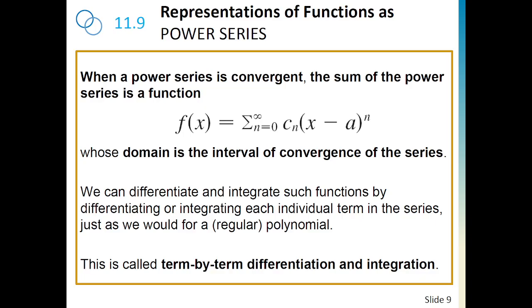And we will get another power series as a result. Now, the radius of convergence will be the same. The interval is practically the same. The only difference is sometimes one or both of the endpoints might belong to the interval or not. So essentially the interval is the same except maybe the endpoints.